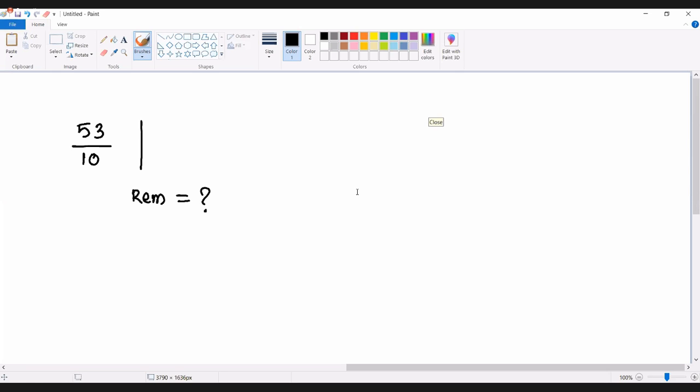Nice, very good. So the remainder is going to be 3 here. 53 when we divide by 10, the remainder is going to be 3.